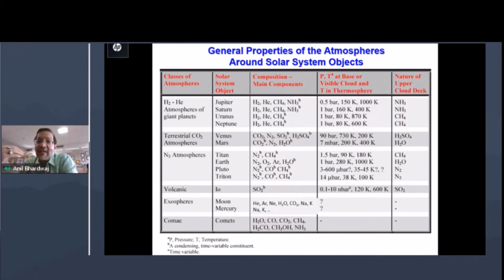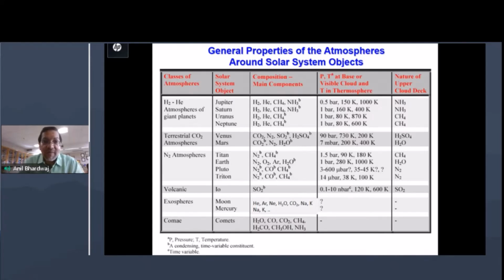But if you look at the two neighbor planets of Earth, that is Venus and Mars, they are dominated by carbon dioxide, CO2. They have nitrogen which is much smaller in content, something like a few percent only. So we have planet Earth, which is nitrogen dominated, but inner to the Earth, Venus is CO2 dominated, and outer to the Earth, Mars is also CO2 dominated.